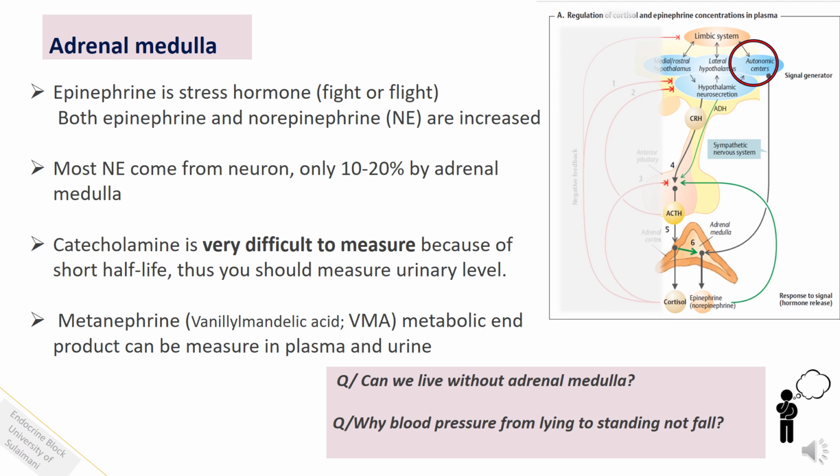Another important feature about catecholamines is that it's very difficult to measure them in the blood because of the short half-life. You know, we said why it's important to know the features of a hormone. When you send a patient for investigation, you cannot send the patient for catecholamine in the blood because they have a very short half-life. They are removed very easily, within seconds or minutes, from the blood.